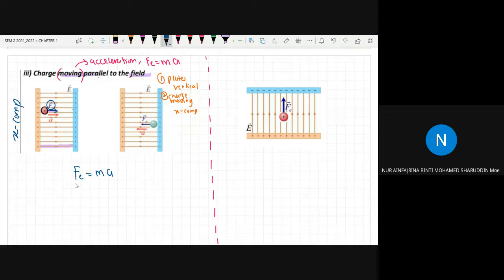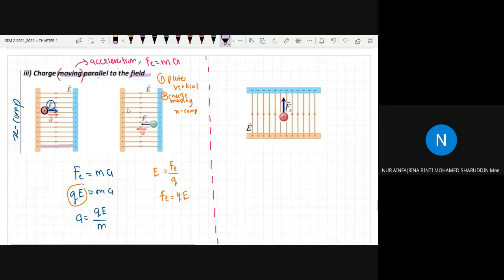And we know Fe equals QE equals ma. For example, if you want to find acceleration, it is QE over M. How do we get QE? Same as before, E equals electrostatic force over Q. So electrostatic force equals Q times E. No need for Q naught, just Q. Okay, like this. So this is if it is moving in the X component.